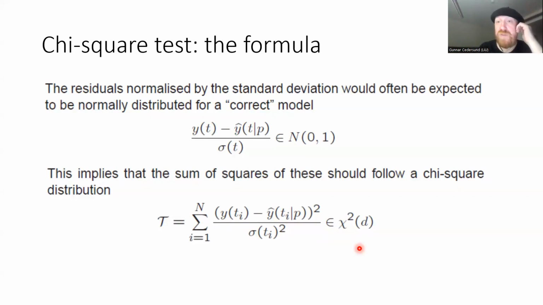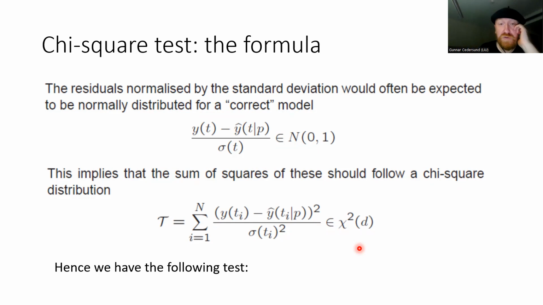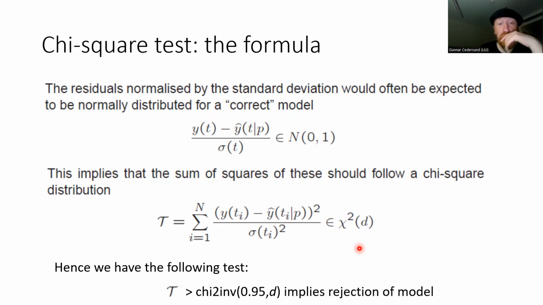Based on that simple observation, we have a very useful test, which is that this test here, which is just a cost, if we don't have any modifications, we don't take the square root, we don't divide by the number of data points, and so on.